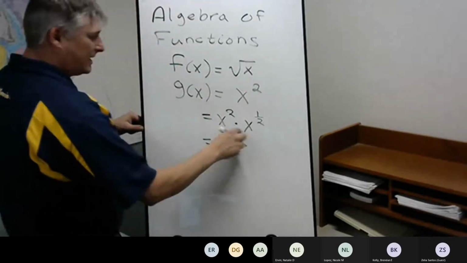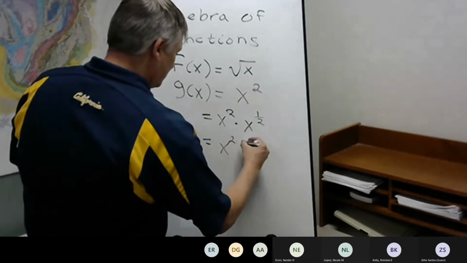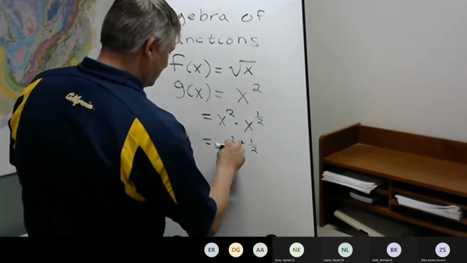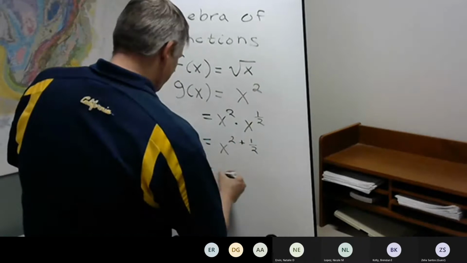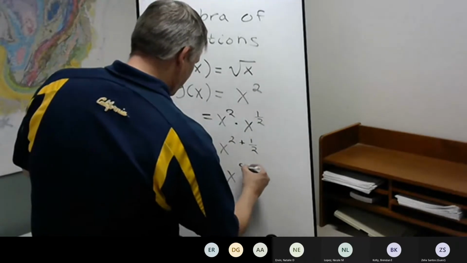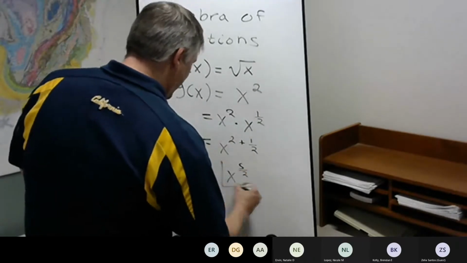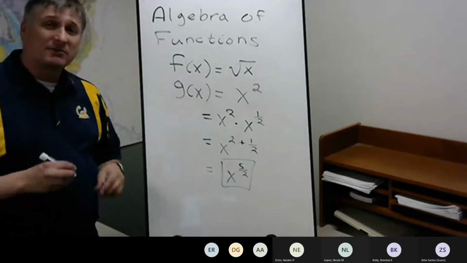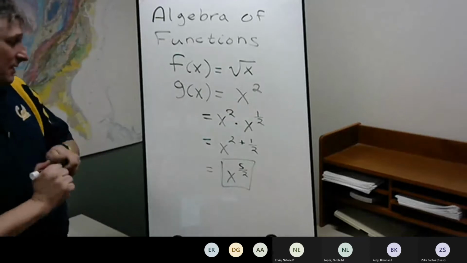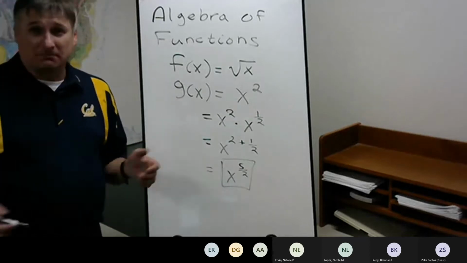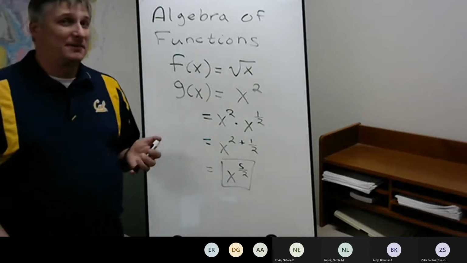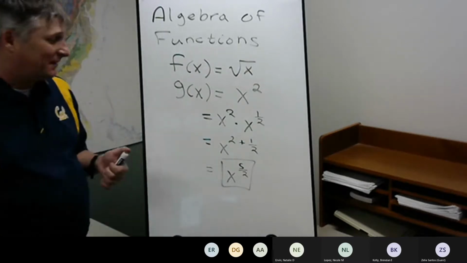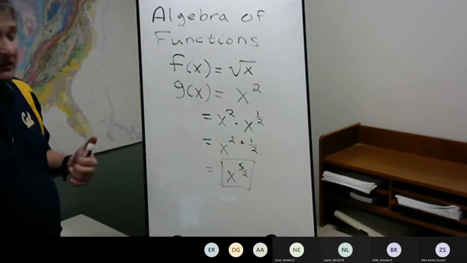And since these have the same base, we can just add the exponents. And 2 plus 1/2 is x to the 5/2. So you could put this as your answer also. Any questions about that? All right.